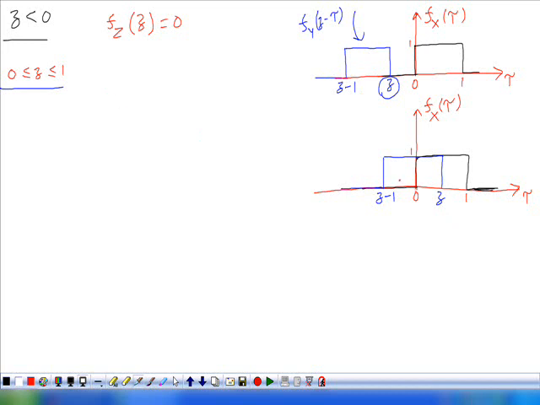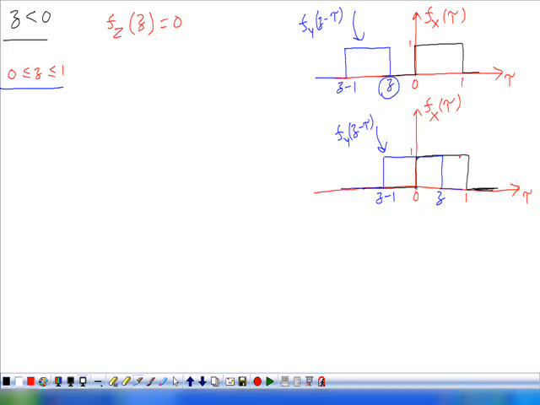Now if you observe this, Fx of tau is 0 in this interval, but this is Fy of Z minus tau, that is non-zero. The product is 0 in this interval, is it? And the product is 0 in this interval also, because this is 0.